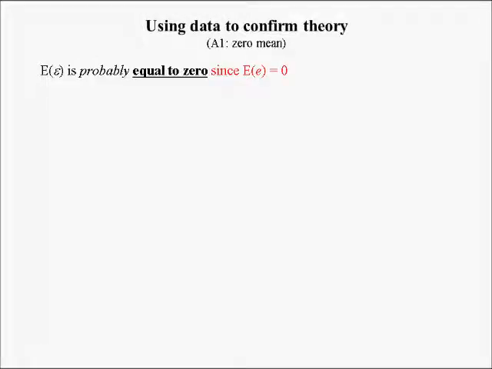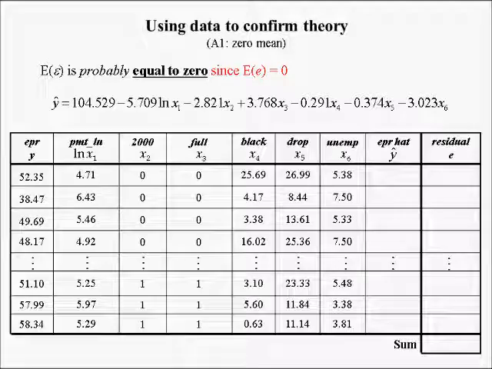Now, one of the first assumptions of the model is that the expected value of the errors is 0. That's probably true since the expected value of the estimated errors, or predicted errors, is 0. I can show you that right here in this example. We have the predicted equation that we just formed from the previous slide across the top.